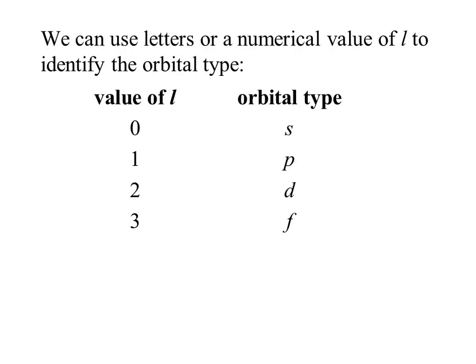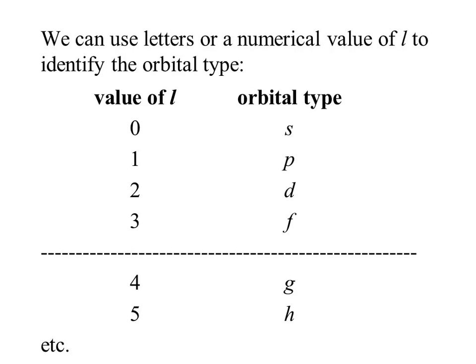We aren't going to have to worry about that, but the value for G would be, not so surprising, 4. The value for H would be 5. Okay, so here's how n plus L works for a given subshell. For each subshell, we can calculate an n plus L value.